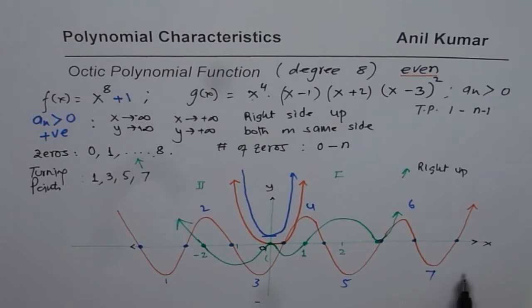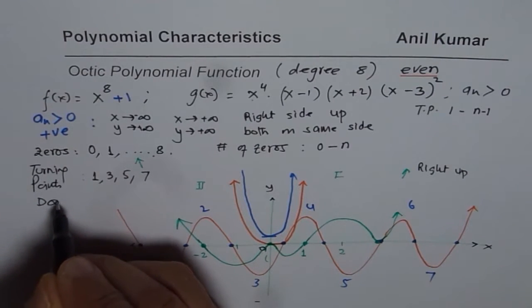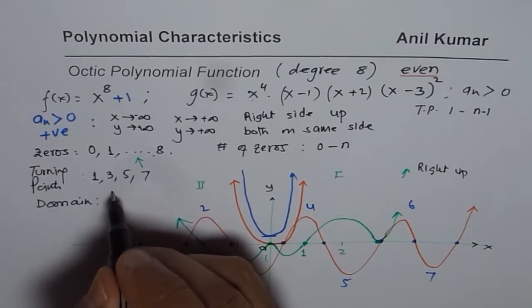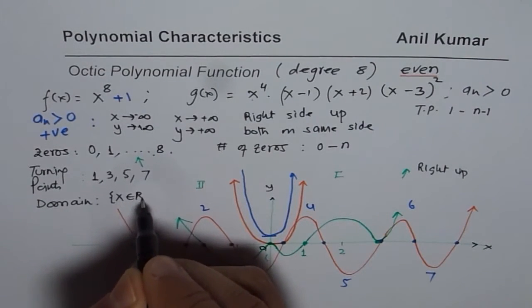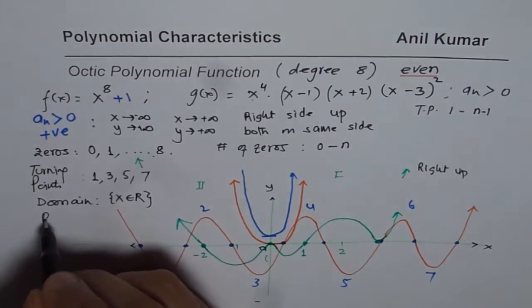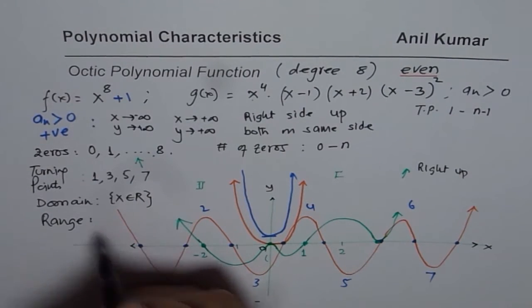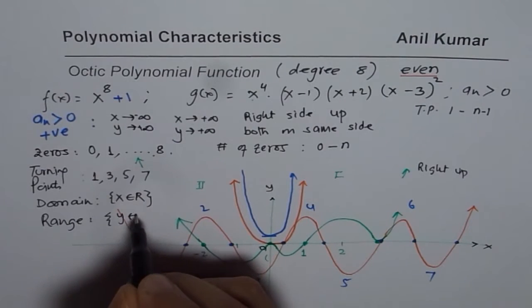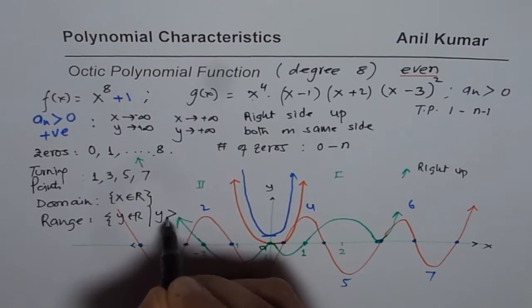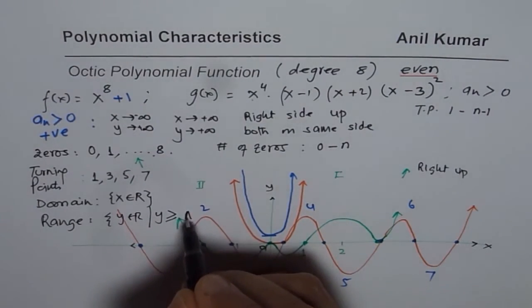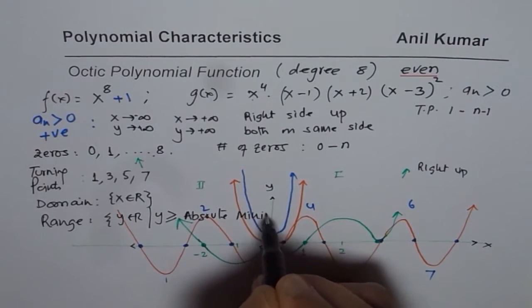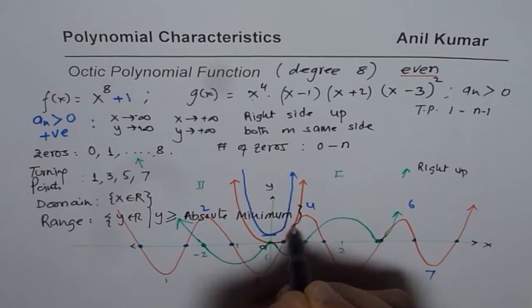Now in these graphs, you have seen that there is no restriction on domain. As far as I am concerned, for all polynomials the domain is always x belongs to real numbers. However, the range has the restriction, right? It turns. So it is y belongs to real numbers where y is greater than or equal to some absolute minimum. Correct?